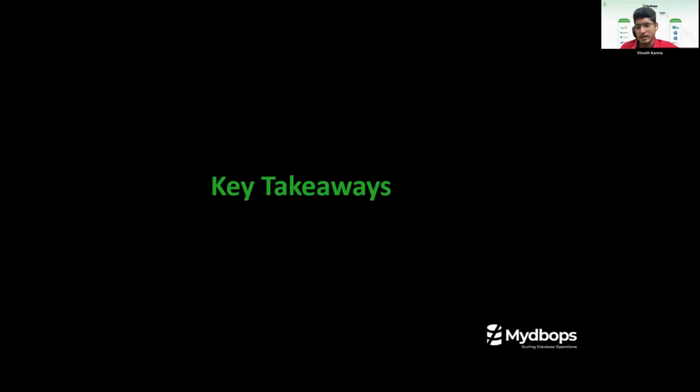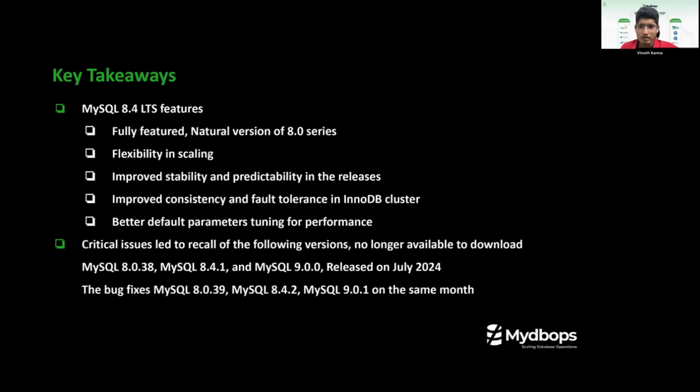Yeah, let's conclude with some takeaways here. MySQL 8.4 LTS is a fully featured, naturally enhanced version of the 8.0 series, because the 8.0 series is a different versioning series. It had a completely different kind of life cycle altogether.